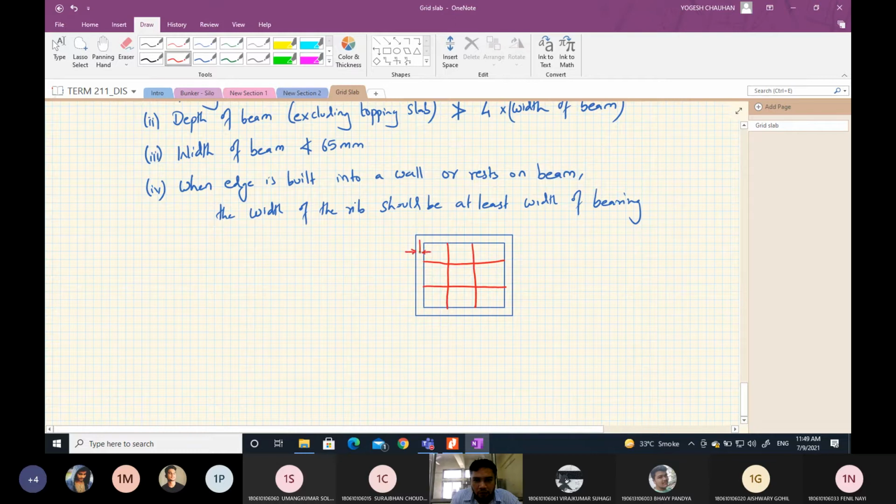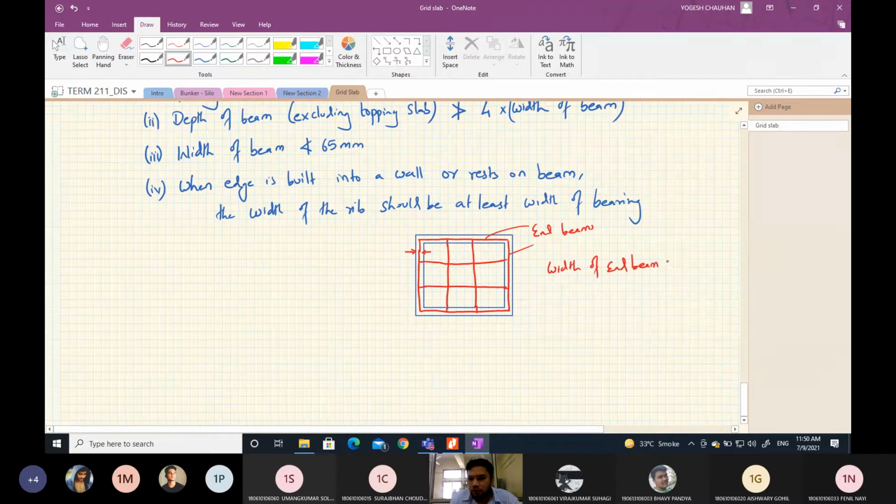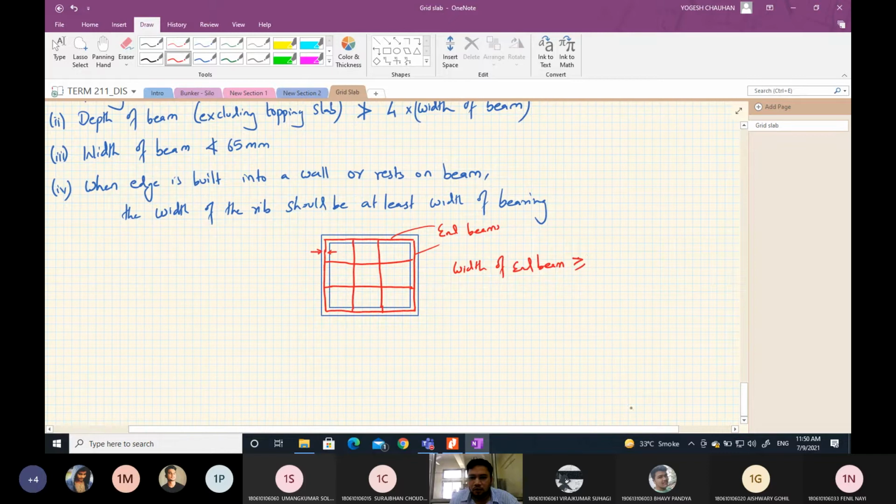So these are the end beams, and their width should be at least equal to the width of the bearing.